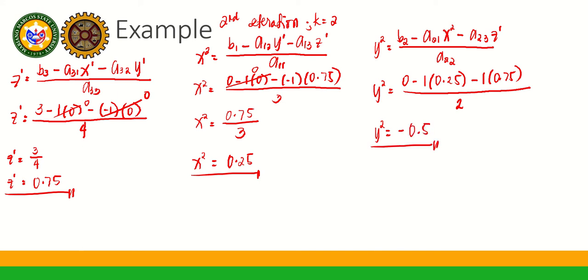So solving for y raised to 2, that will be equal to negative 0.5. So now let us solve for z raised to 3.